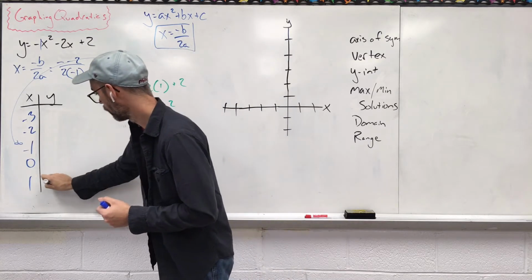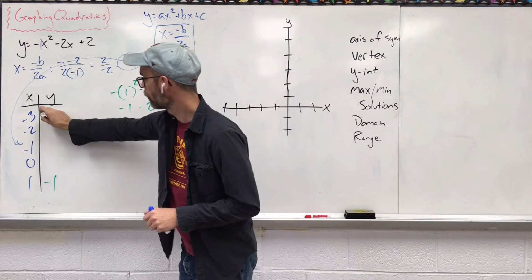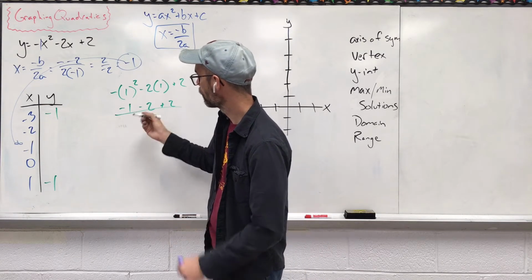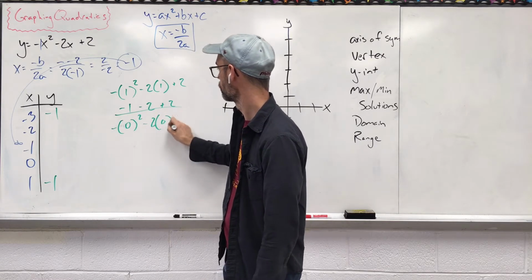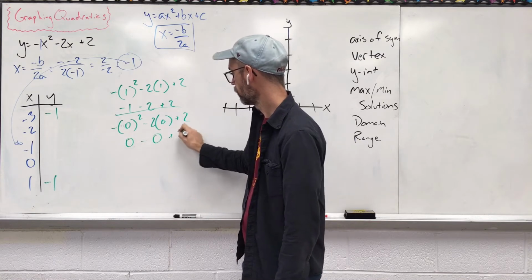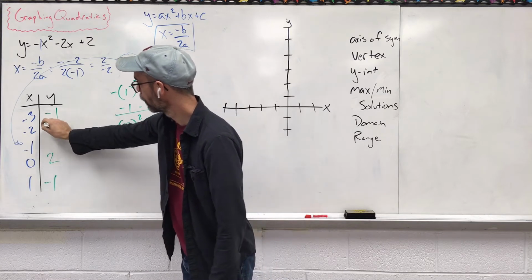You're left with negative 1. All right, so if this is negative 1, that also means that's negative 1. Let's do it again. This time we plug 0 in. 0 minus 0 plus 2, we end up with just a 2. If that's a 2, up here is a 2.